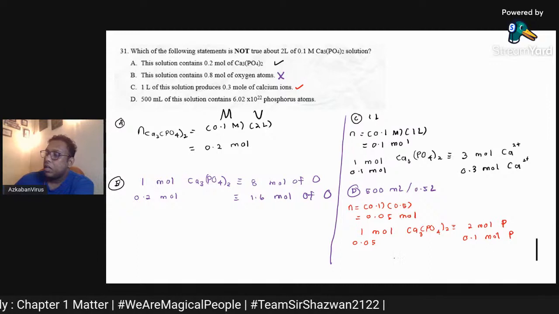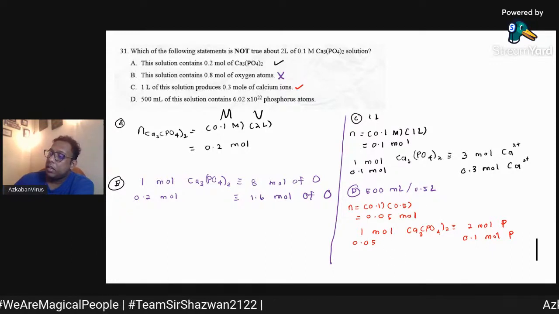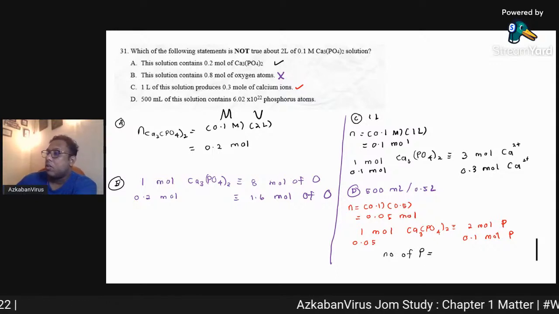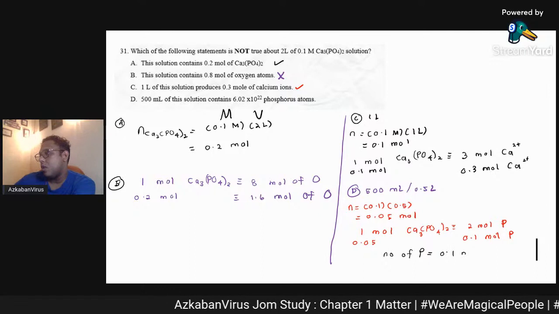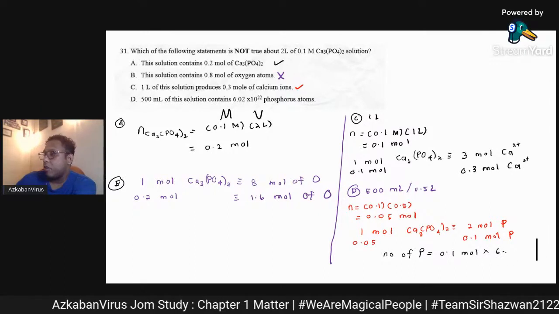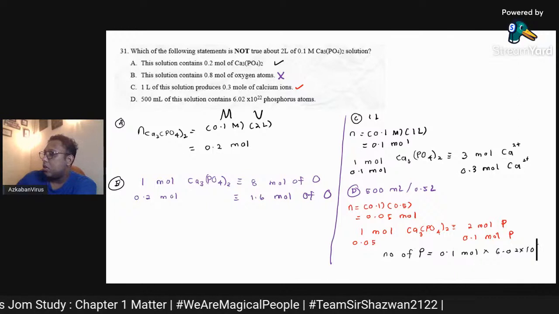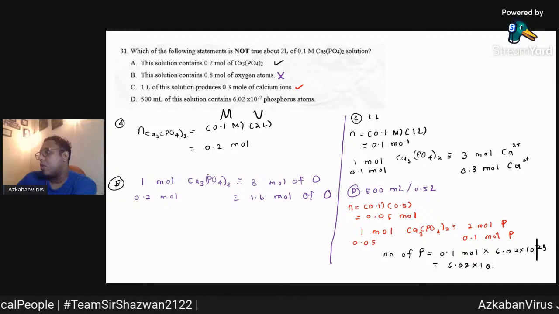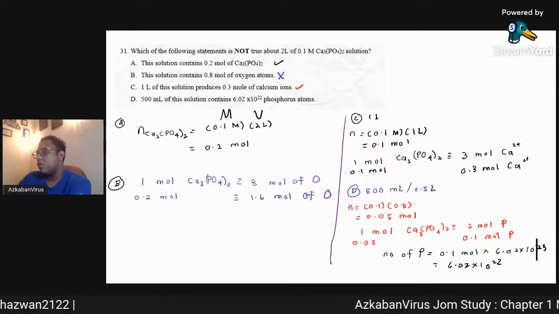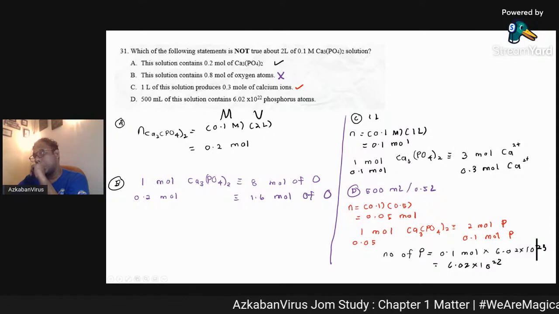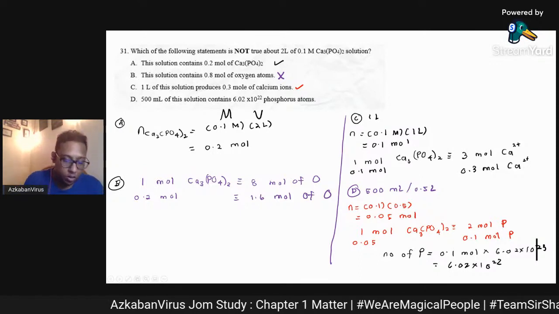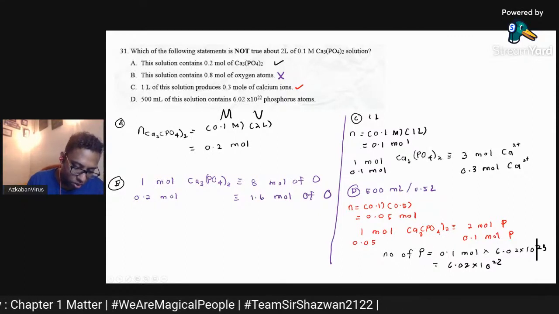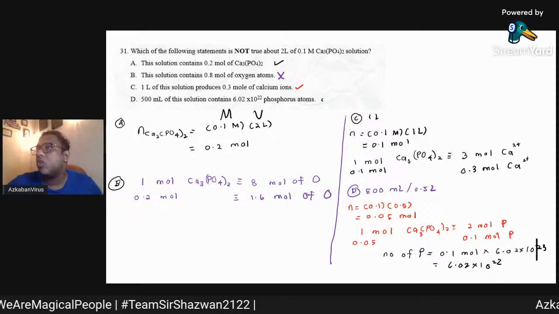And then from here, dia ambil lah number of phosphorus is equal to 0.1 mole darab dengan 6.02 darab 10 kuasa 23. Ni akan dapat 6.02 times 10 power of 22. Okay, so ini pun betul. So jawapan dia adalah B.